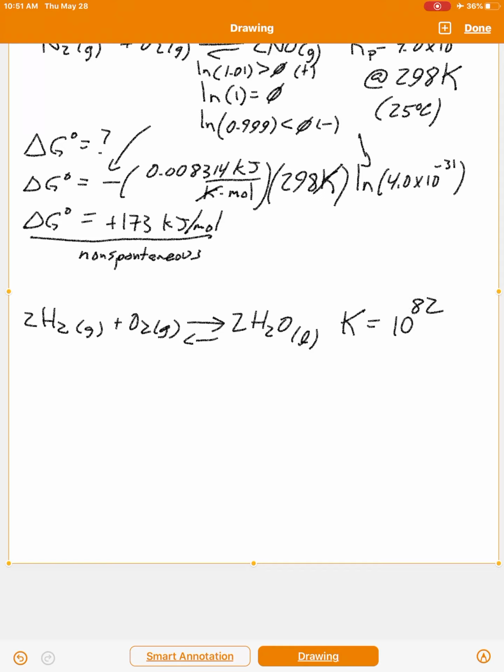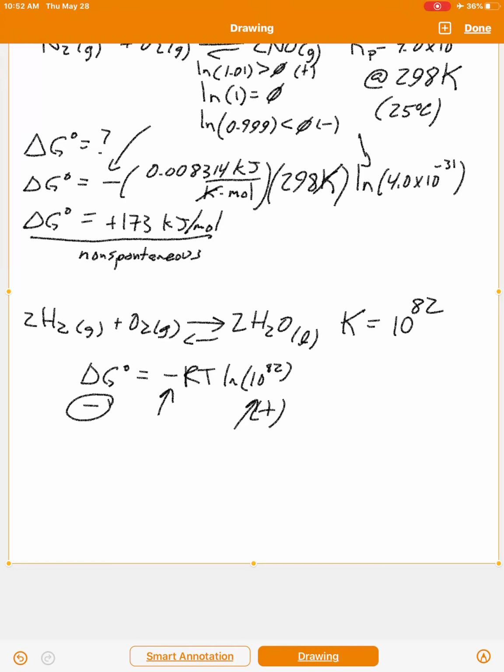Very huge. That right there is going to be a spontaneous reaction, right? Because delta G naught is going to be minus RT ln 10 to the 82. That ln is definitely going to be positive, since it's greater than 1. You have a negative there. A negative times a positive is negative, so delta G is going to be negative, and you know that's going to be spontaneous.